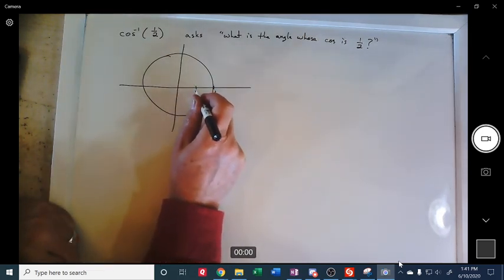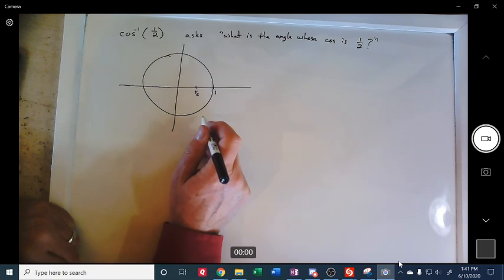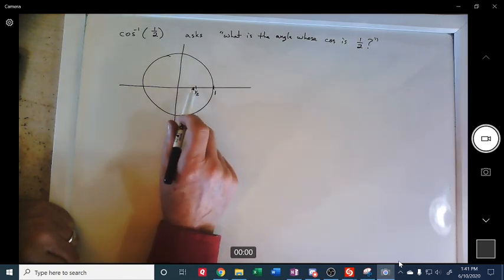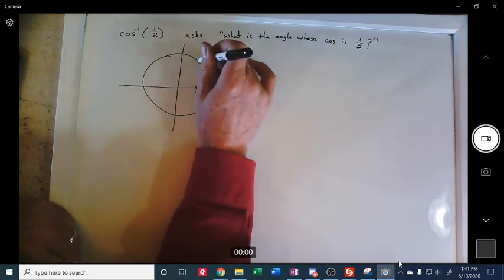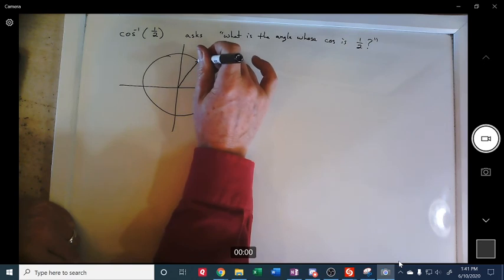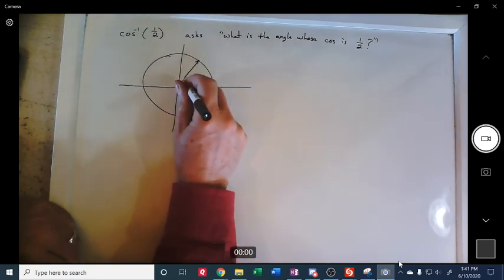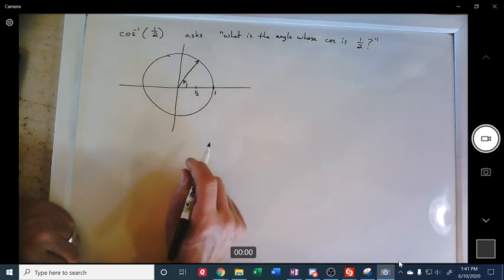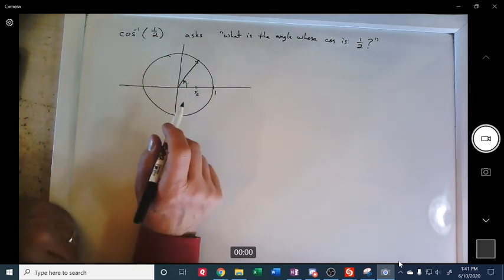So I just go to 1/2 right over here. What is the angle whose cosine is 1/2? It's going to wind up being up here. This angle.